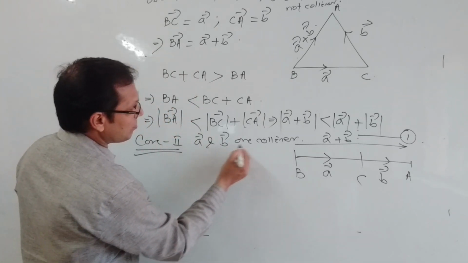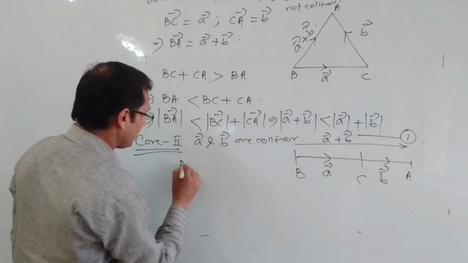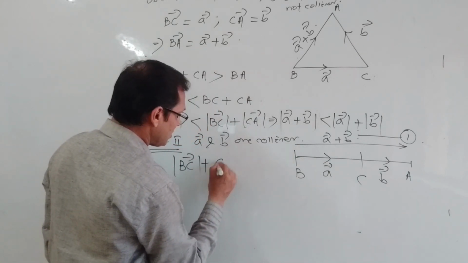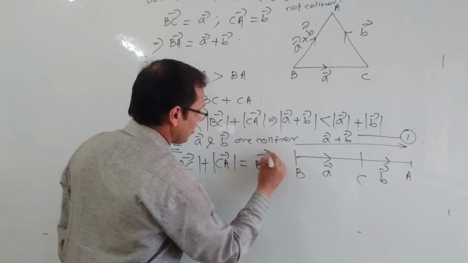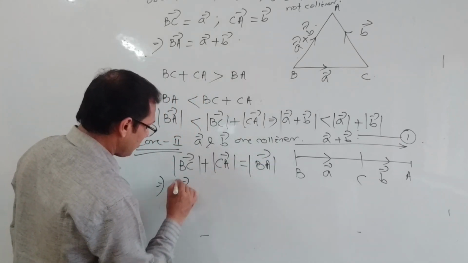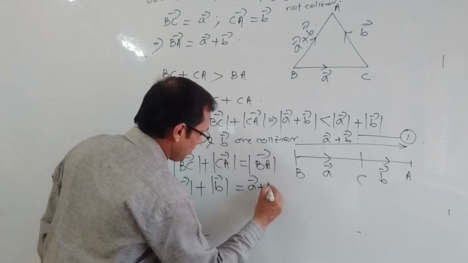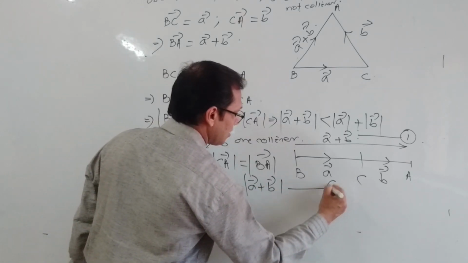So A vector and B vector are collinear. That means BC vector plus CA vector, that is magnitude of BC plus magnitude of CA vector, is equal to BA vector. Or in other words, A vector magnitude plus B vector magnitude is equal to A plus B vector magnitude. So this one is case 2.